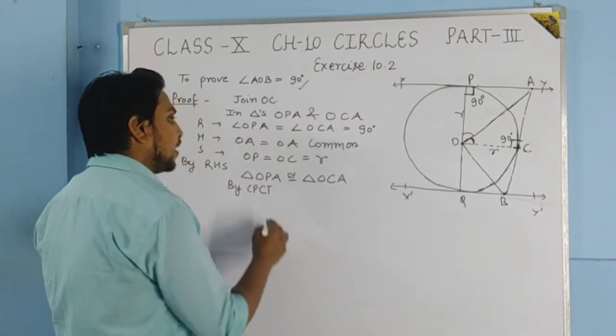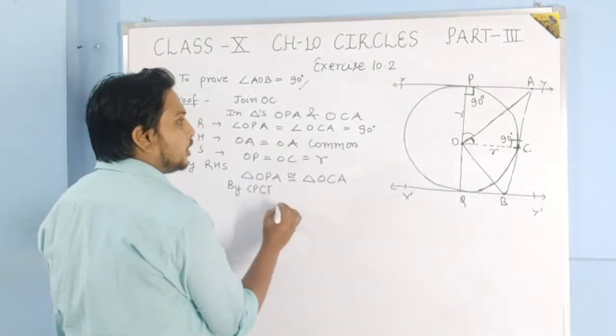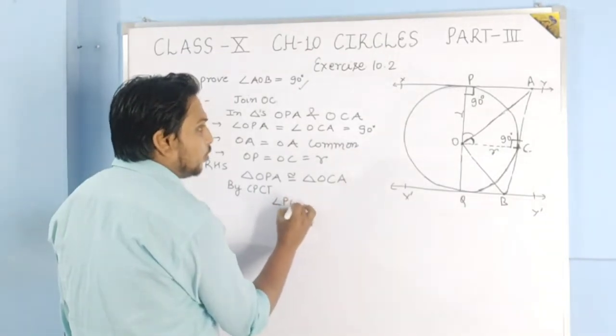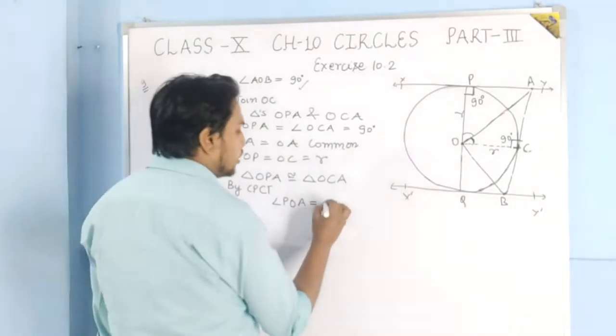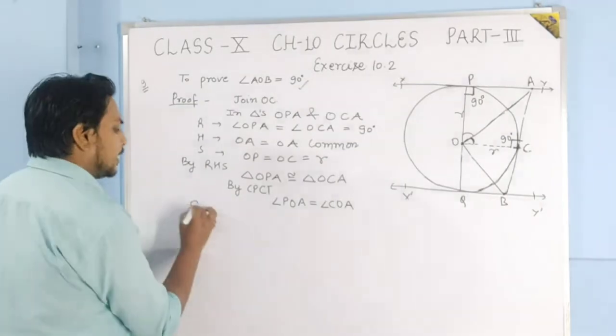How? Here two triangles are congruent, so by CPCT we can say that angle POA will be equal to angle COA. Yes, we can say it.